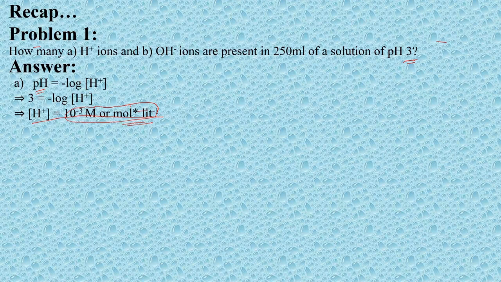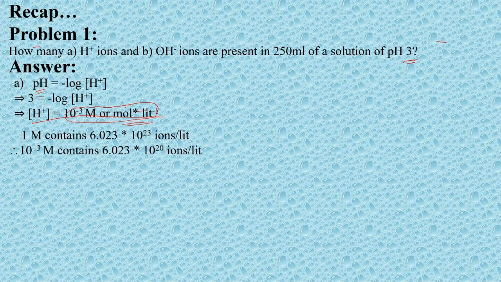As we know, 1 molar of a solution contains 6.023 into 10 to the power 23 ions per liter.